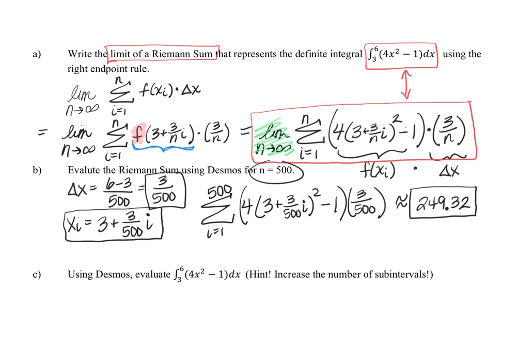And finally, part C. Part C says, let's evaluate that integral utilizing Desmos. And to do that, we would just increase the number of subintervals. So we can go ahead and steal the work we did in part B. We already have n equals 500. And if there were 500 rectangles, our area was approximately 249.32. So then to get a better estimate, let's increase the number of rectangles.